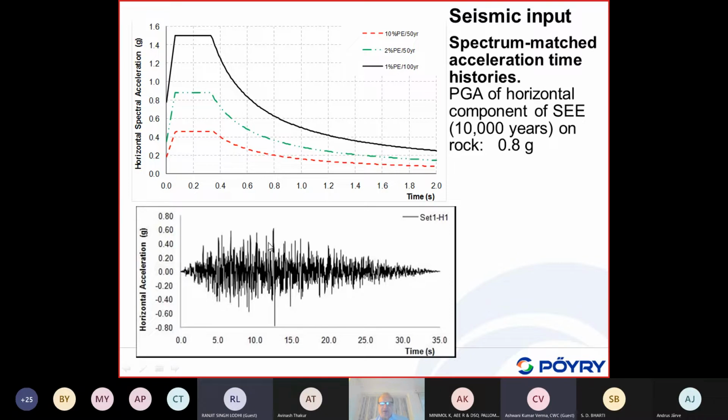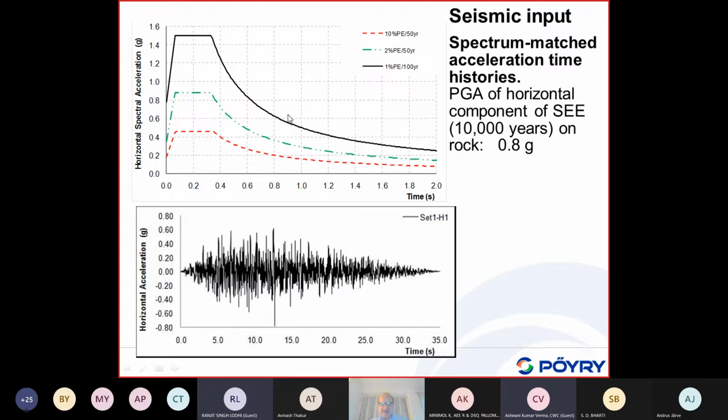Okay, so for the analysis, we have used fully synthetic acceleration time histories as shown here, with a peak ground acceleration here of 0.8 g. This time history fits this acceleration spectrum.